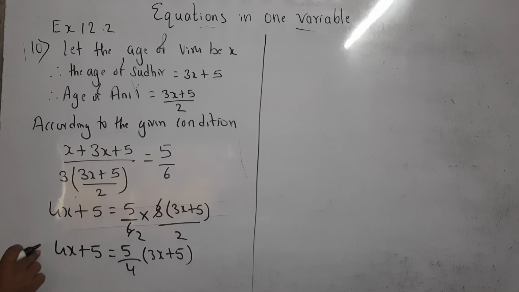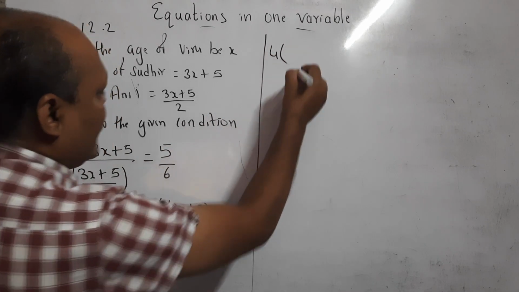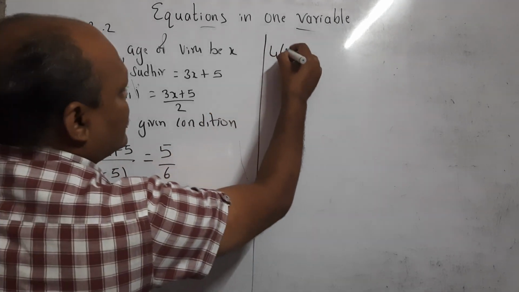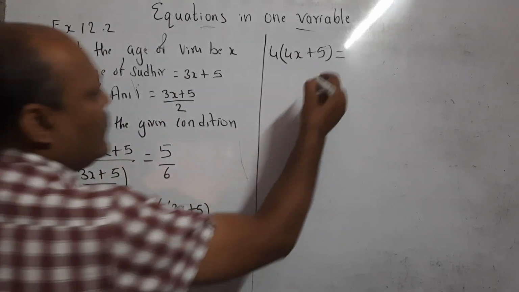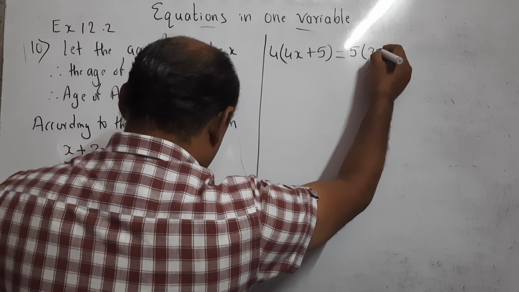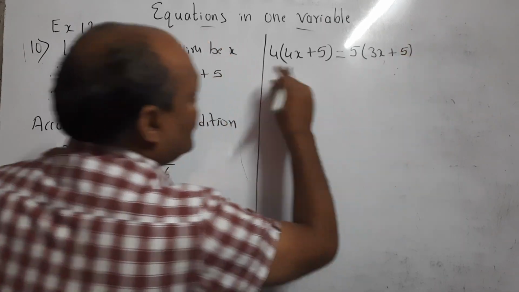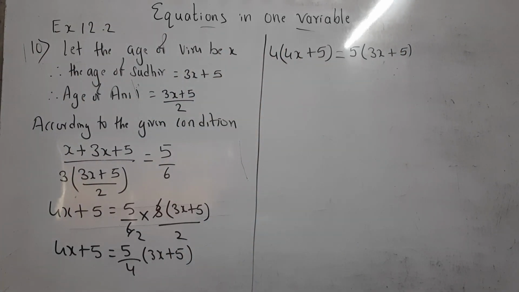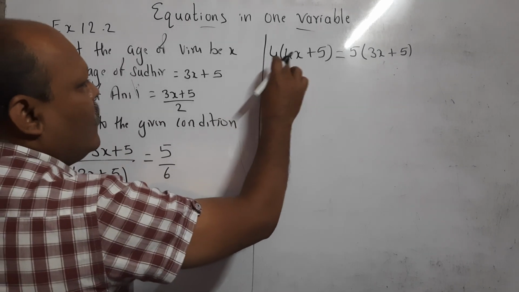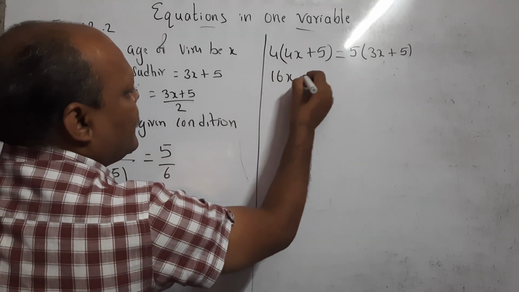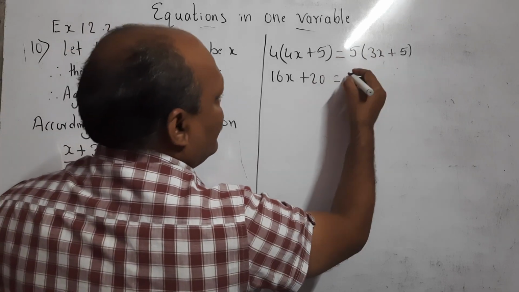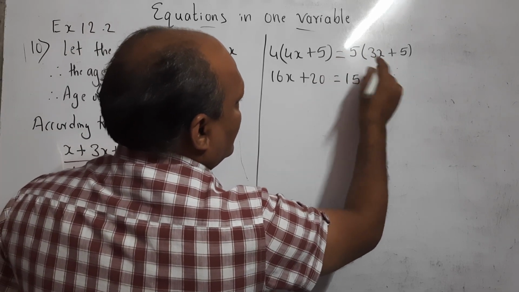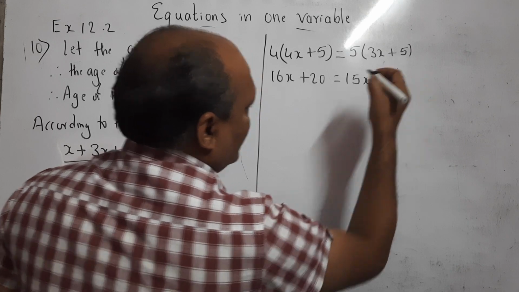Now this 4 will go up. That is 4 bracket. What we will get? 4x + 5 is equal to 5 bracket 3x + 5. Now the simple bracket opening is there. I hope all of you know how to open the bracket. 4 into 4 16x, 4 5s are 20, 5 3s are 15x, 5 5s are 25.